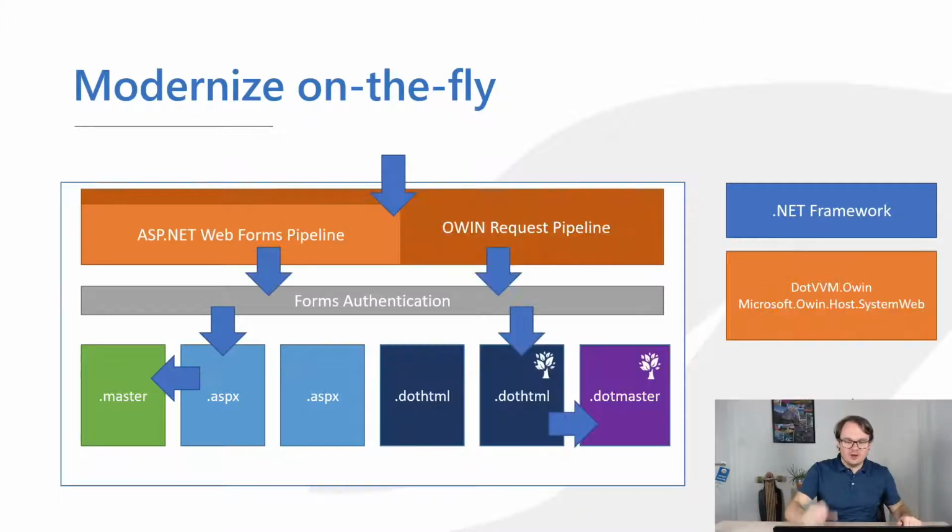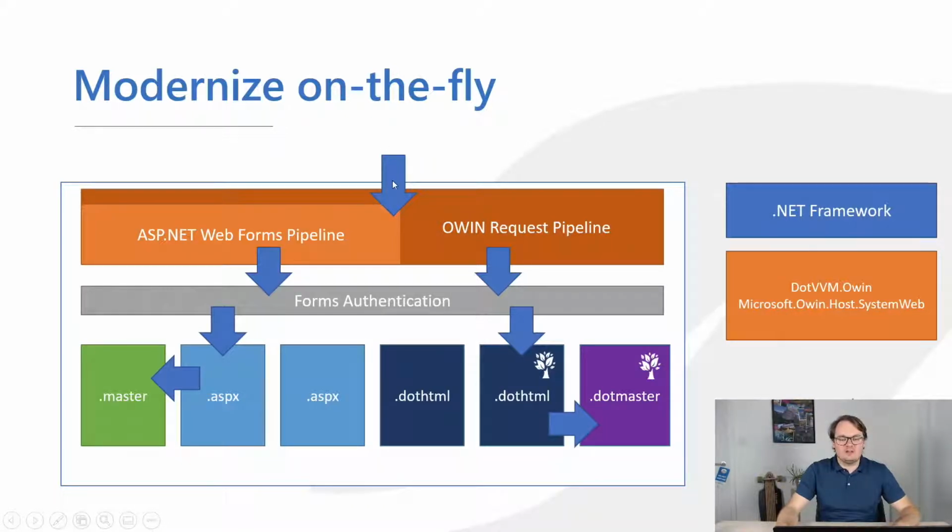And then you will be able to go to .NET Core. So if you install the .vvm.owin and Microsoft Owin host system web packages in your application and do some necessary configuration, basically what will happen is that this second package will add the Owin request pipeline in front of the ASP.NET Web Forms pipeline.